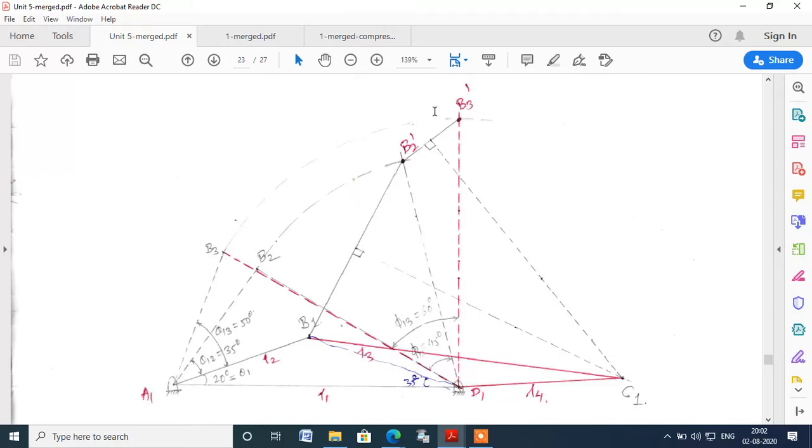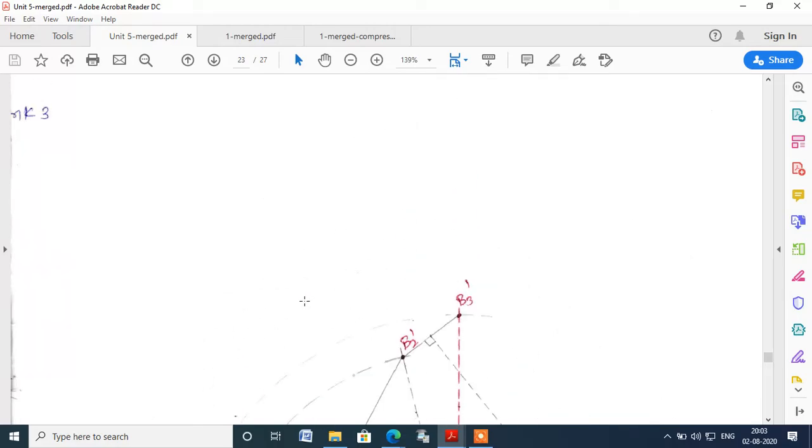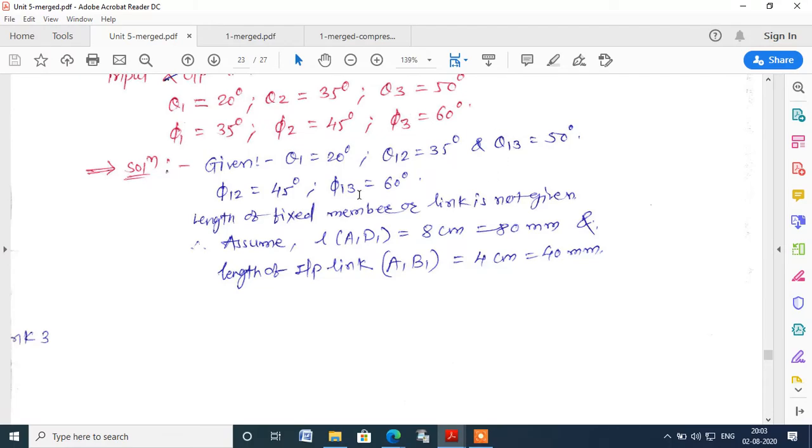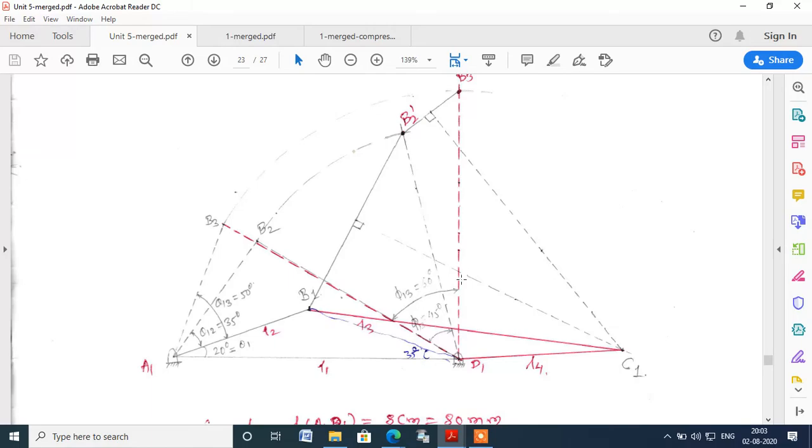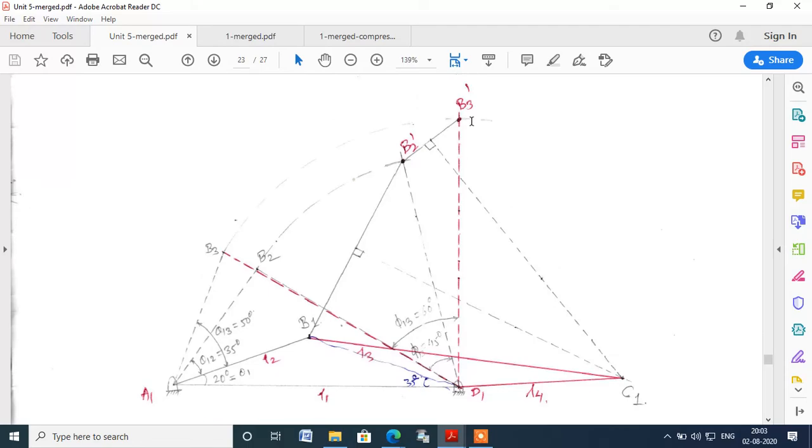We have drawn an arc, correct? Then with reference to B3 D1, take the angle phi 13, that is 60 degree. Draw the line. This line and this arc intersect at some point. Mark that point as B3 dash. So we got B2 dash and B3 dash.